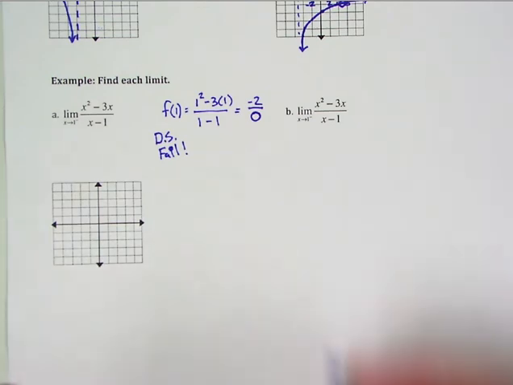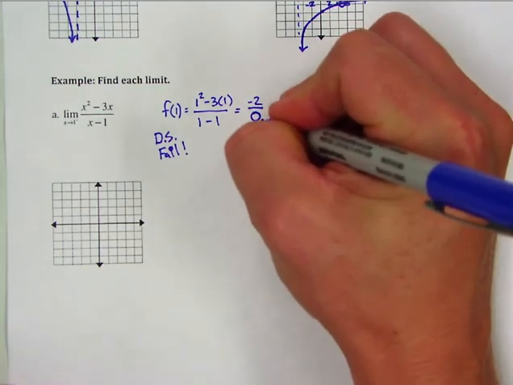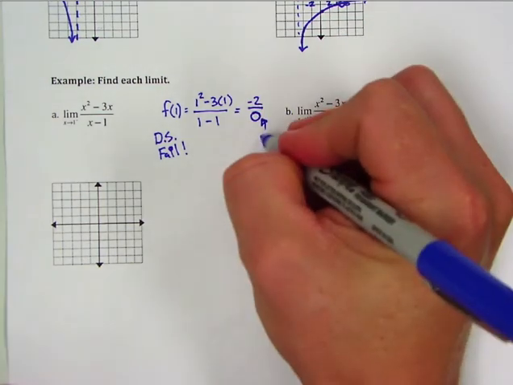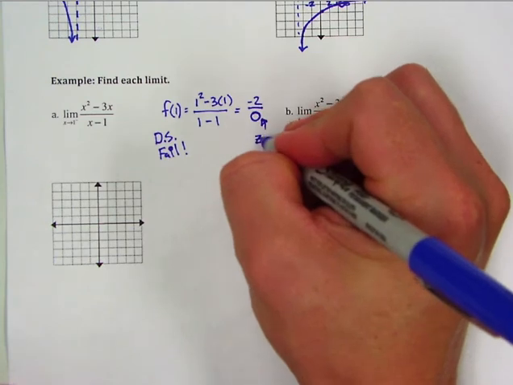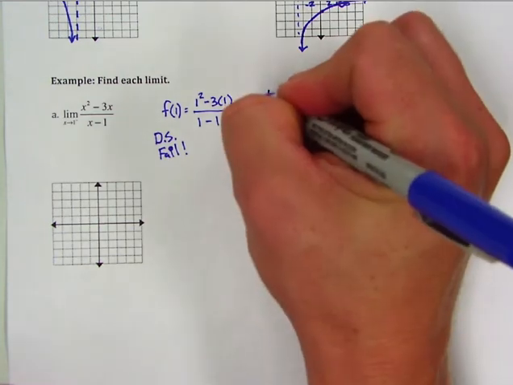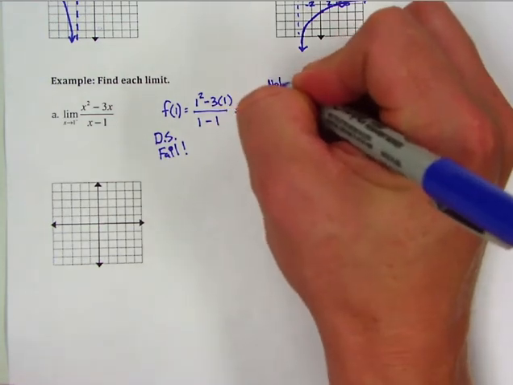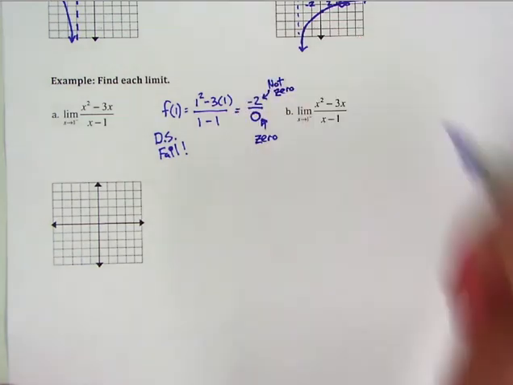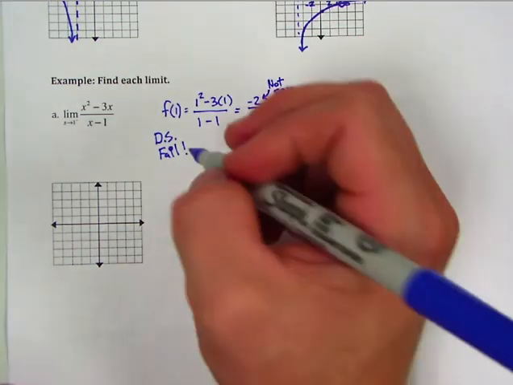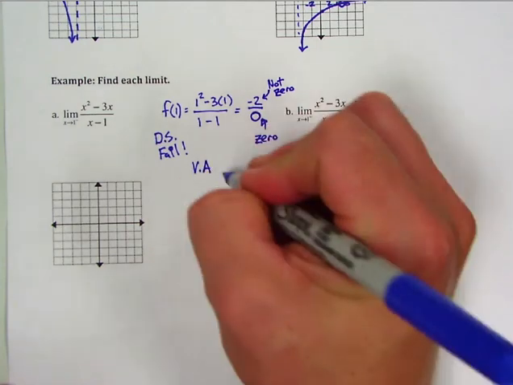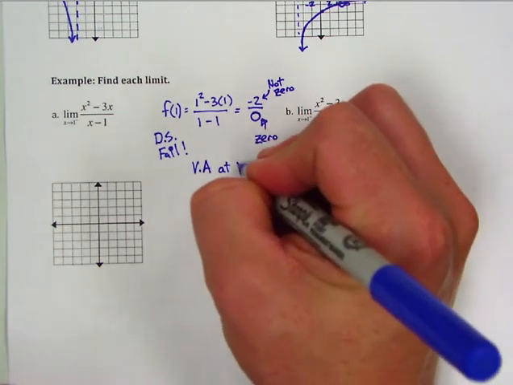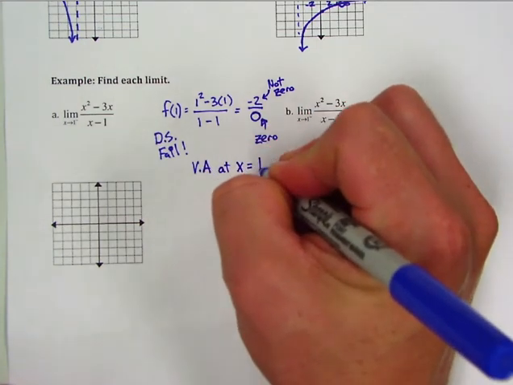However, now that you know something about vertical asymptotes, when we have a 0 in the denominator and not 0 in the numerator, you can say that we have a vertical asymptote at x equals 1.